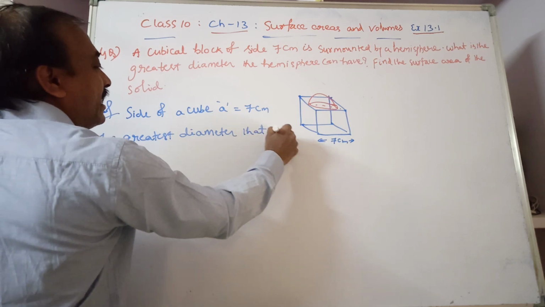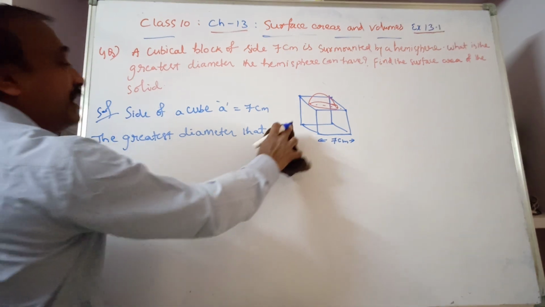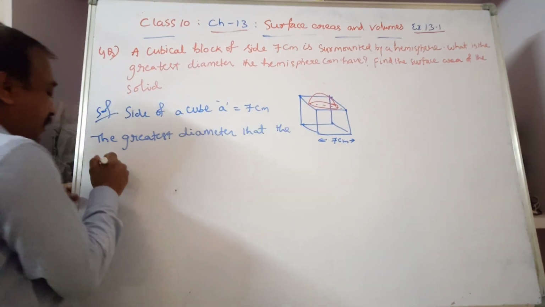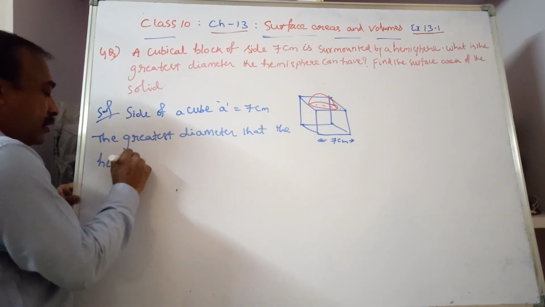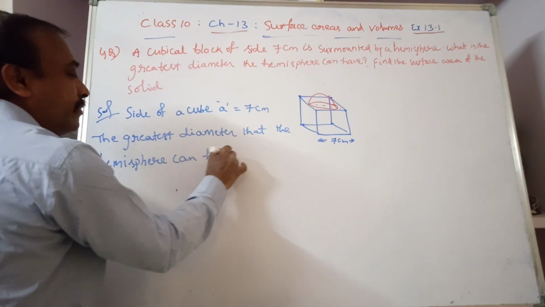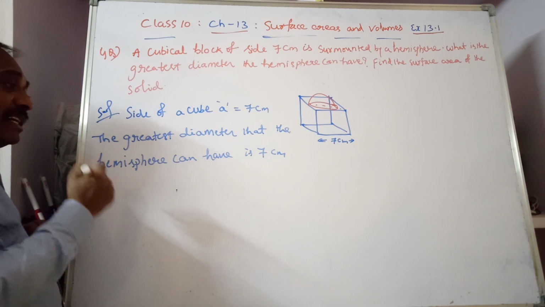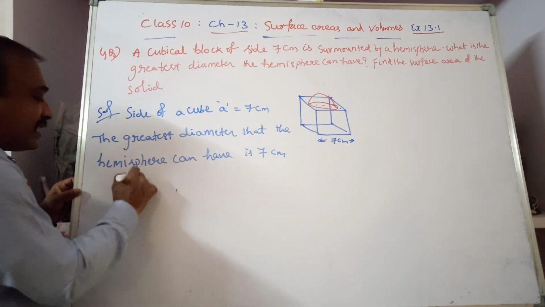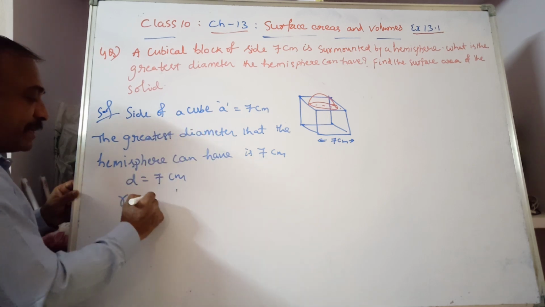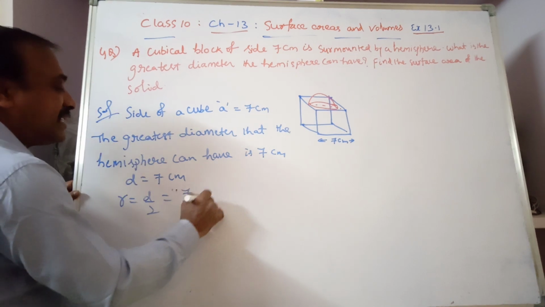The greatest diameter that the hemisphere can have is 7 centimeter, so D is 7 centimeter, and the radius R of the hemisphere is D by 2, which is 7 by 2 centimeter.